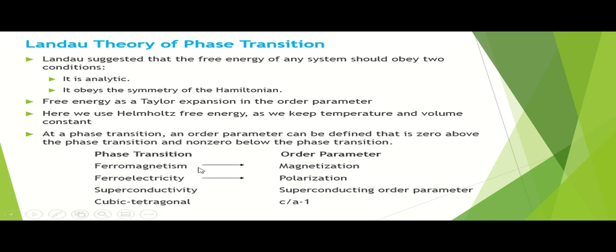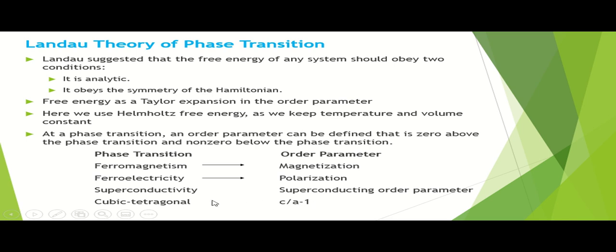Similar examples can be given for superconductivity, the superconducting order parameter, just like what fraction of the material starts behaving like a superconductor, that you can use as the order parameter. And if you have a structural phase transition like cubic to tetragonal, cubic is where C and A are equal, so therefore if C and A are equal, this becomes 0, the order parameter is 0.